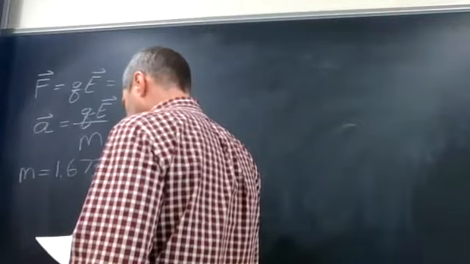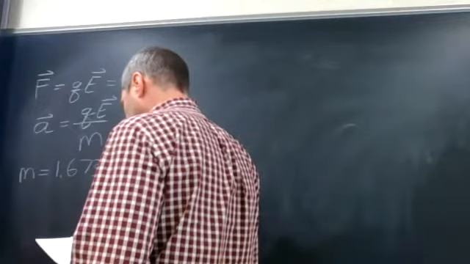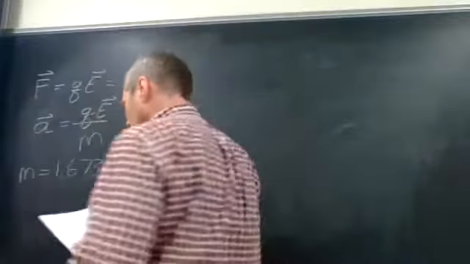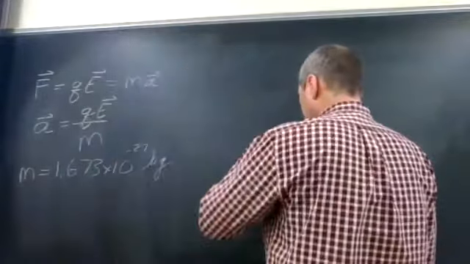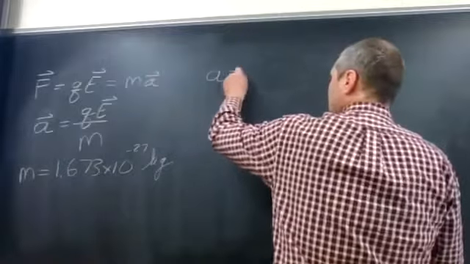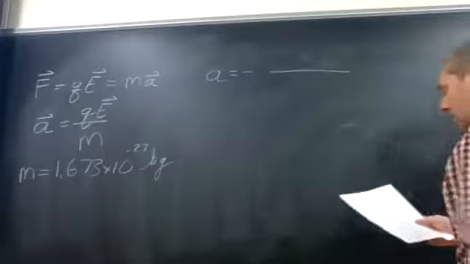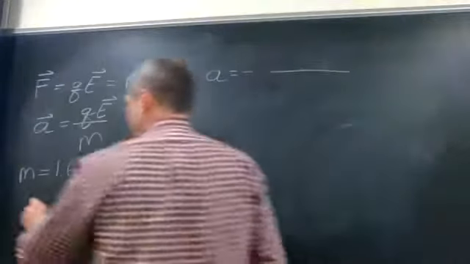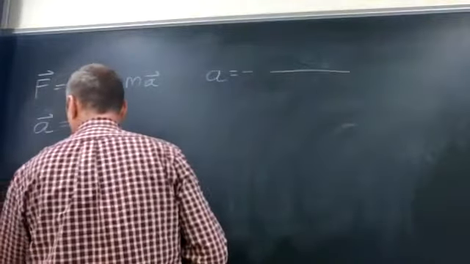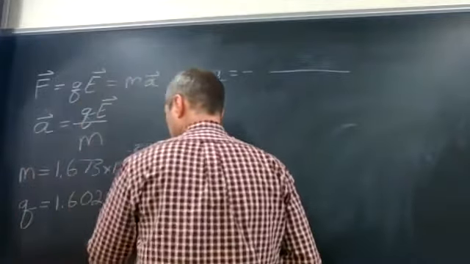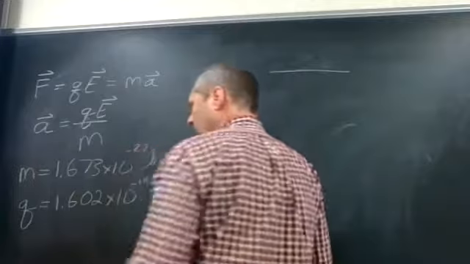I just put the negative out in front because I knew it's going to be negative. So note the acceleration is going to be to the negative. We know it's going to come to rest, so we have a negative there. And if you don't remember, the charge is equal to 1.602 times 10 to the negative 19 coulombs.